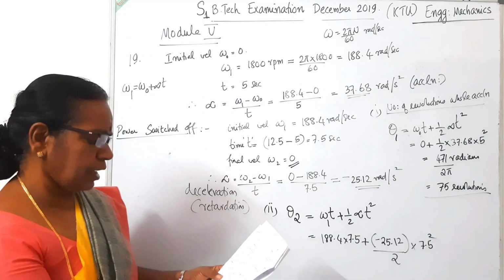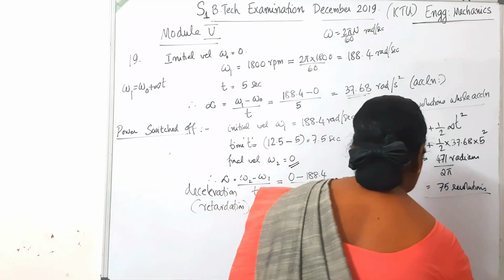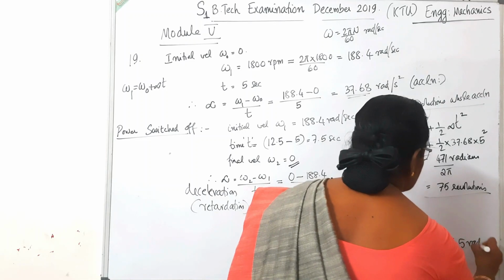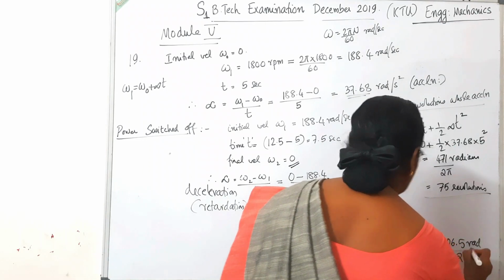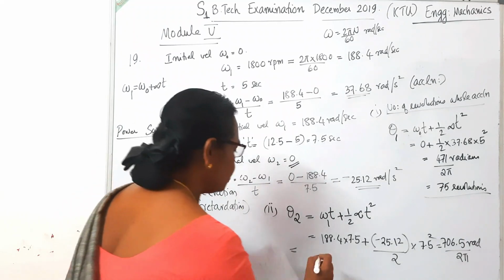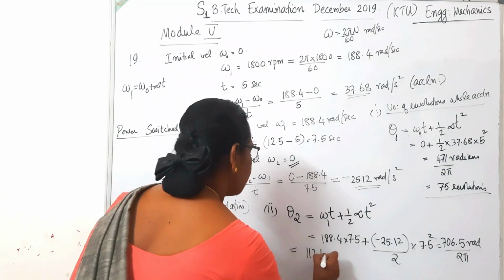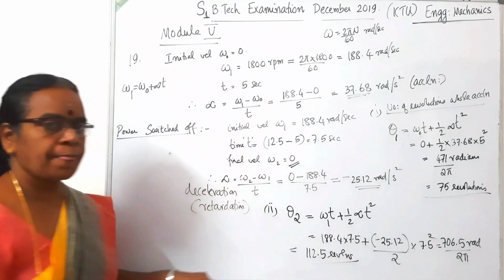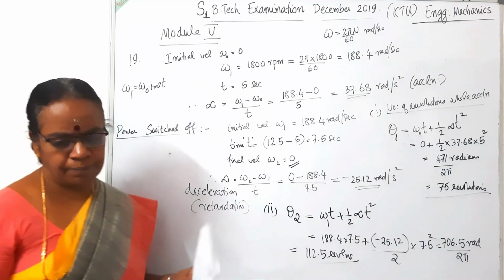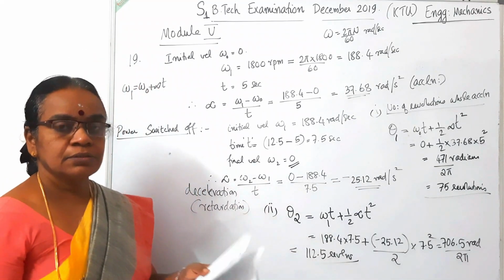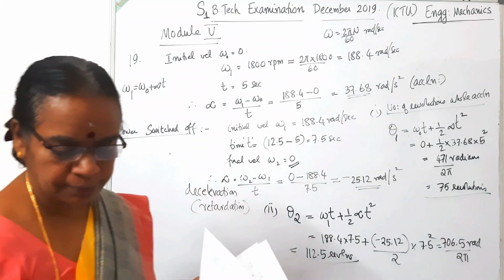That will give you the value 706.5 radians divided by 2 pi. So you get this theta 2 as 112.5 revolutions. So this is also a direct question which carries 14 marks. So it's direct application of formula only.